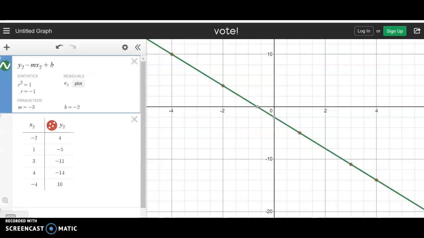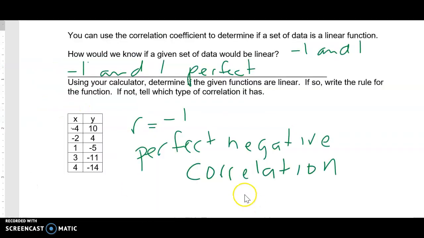I also look at my equation, and right here the slope is -3, the y-intercept is -2, so therefore y equals -3x minus 2.